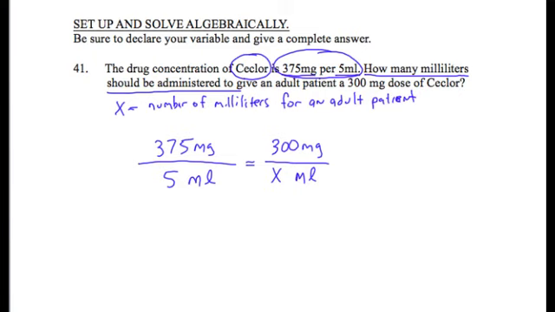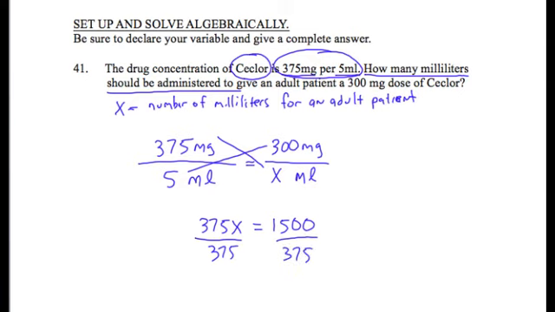Now we can go ahead and solve this. On this diagonal I take 375 times x, which is 375x. On the other one I take 5 times 300, that's 1500. Now I have a simple equation where I'll divide both sides by 375. So x is 1500 divided by 375.